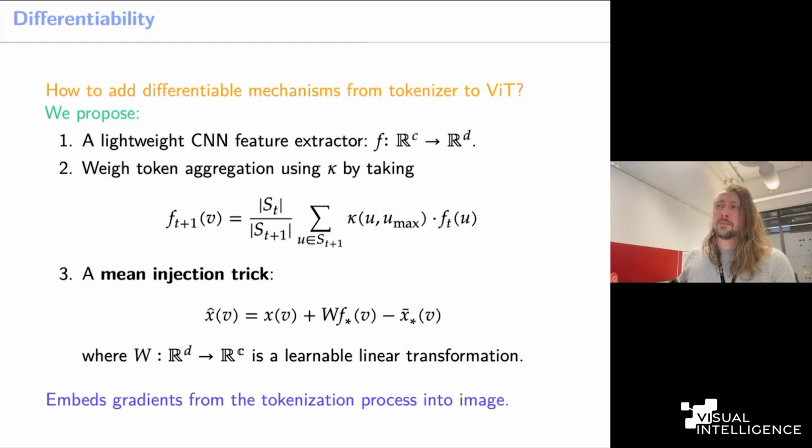We add weights from this kernel that we use to aggregate the features, meaning that we add some learning signal from the similarities for each superpixel into how the superpixel aggregates, meaning these superpixel features get gradient information from the CNN.